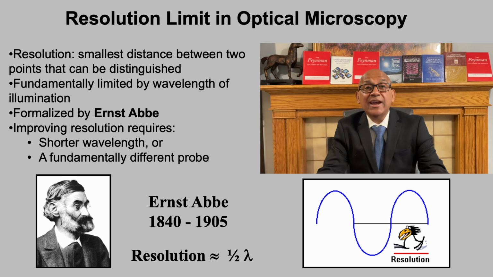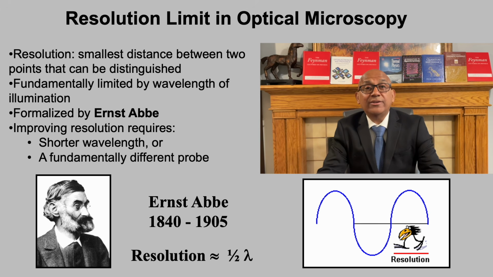Even if we design perfect lenses with no defects, the wave nature of light causes diffraction, which spreads out fine details. As a result, when the wavelength is large, closely spaced features blur together and can no longer be resolved.